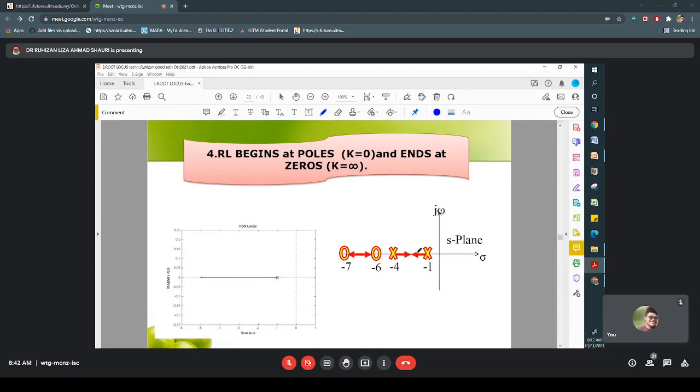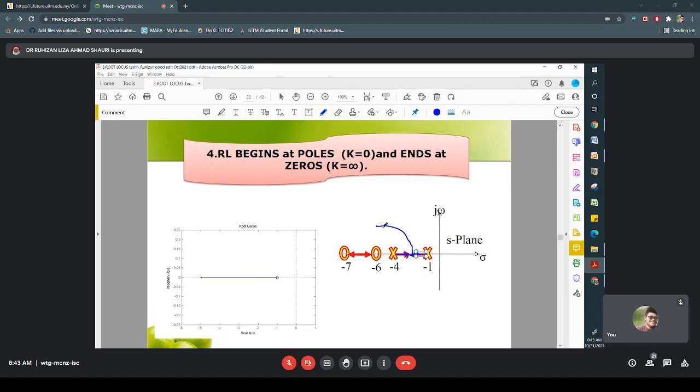So it is out, and you will meet up at one point that you're going to calculate using the additional rule. It breaks out at a point that you will calculate and goes out finding an available finite zero. So you have two finite zeros there.